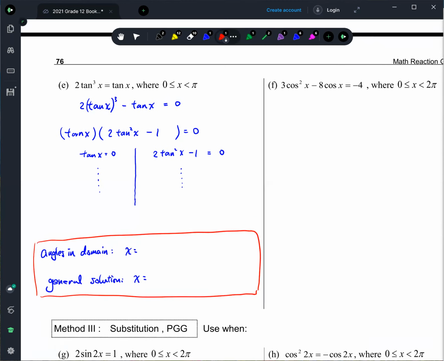Okay, once you got to angles in domain, you can raise your hand. Okay, we'll go over the general solution together. Okay, Daniel.